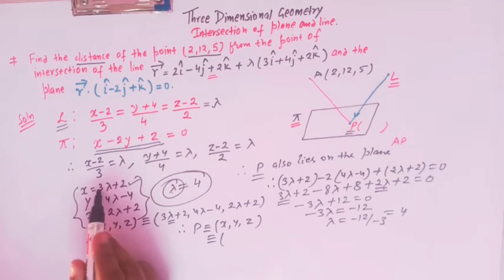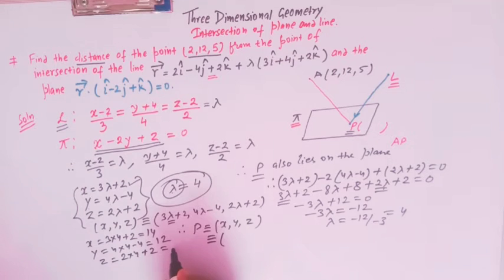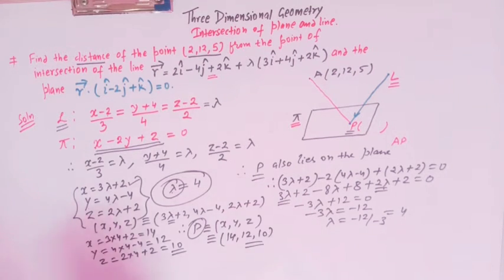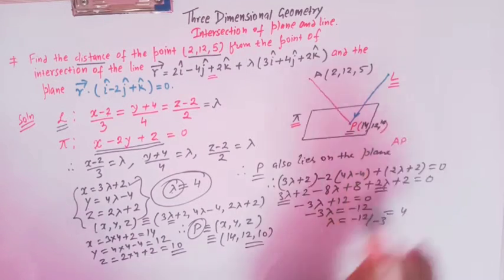So lambda is 4, so we have 3 times 4 plus 2, that is 14, and y is 4 lambda minus 4, so we have 4 times 4 minus 4, that is 12, and z is equal to 2 times 4 plus 2, that is 2 4s are 8 plus 2, 10, right? So the coordinates of this point P are 14 comma 12 comma 10, right?